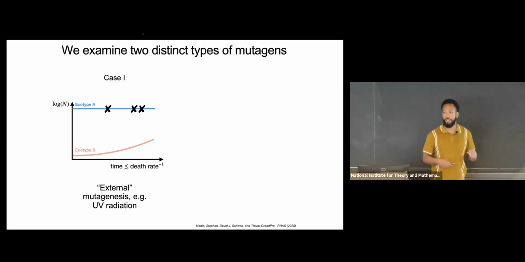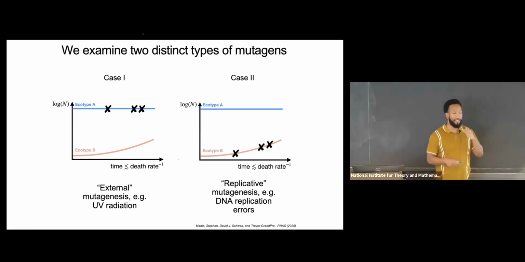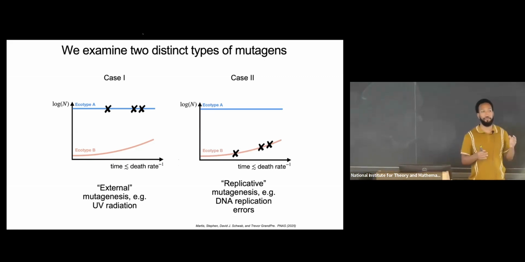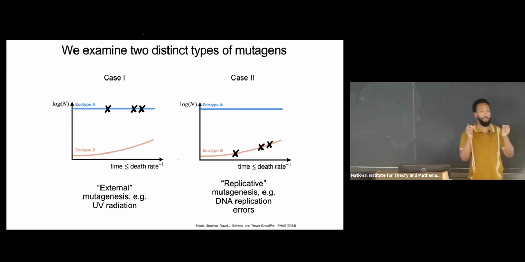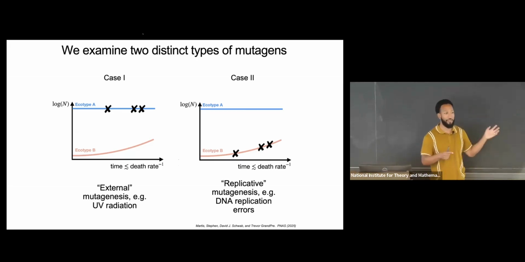If you just had external mutations, you would expect most of the mutations to happen in ecotype A. If you had case two, where most of the mutations were replicative, you would expect most of them to happen in the fast-growing population. This is just a thought experiment. In reality, you probably have a mixture of both, and others, but it's just an idea. Okay, so let's keep working on this. What does this look like mathematically?